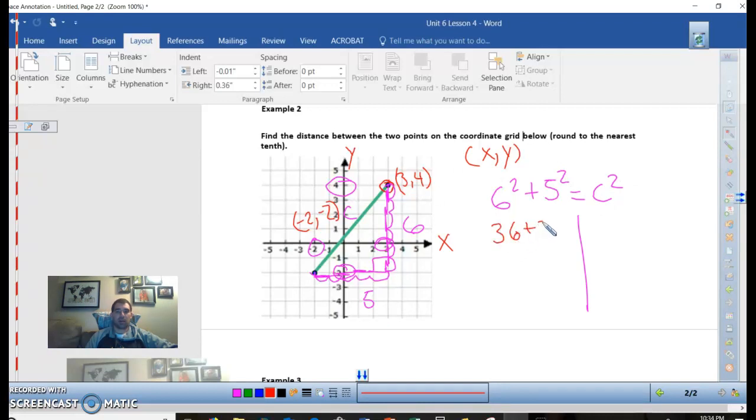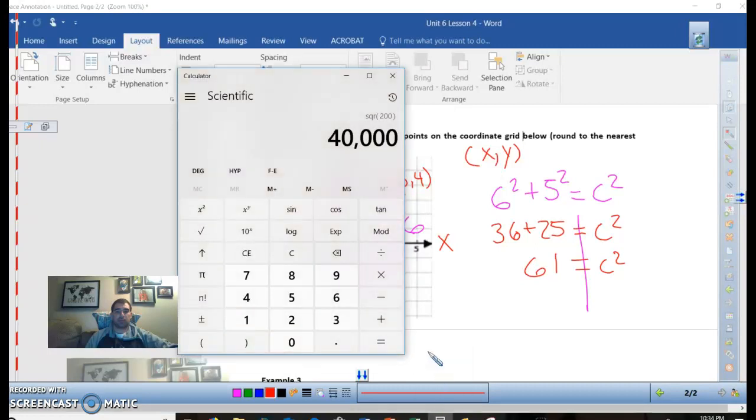I know 5 squared is 25. 36 plus 25 is 61. So 61 equals c squared.